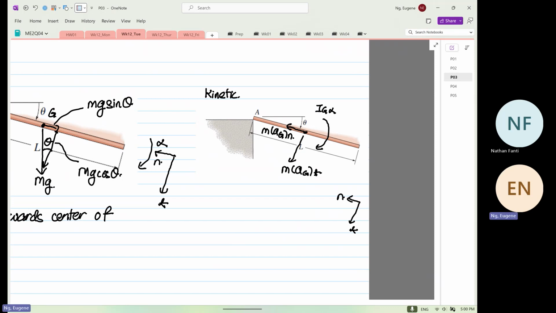Now this can look pretty confusing. The formula sheet will provide you with this sort of information. We know that I_G is equal to 1/12 ml squared. We just came from there.